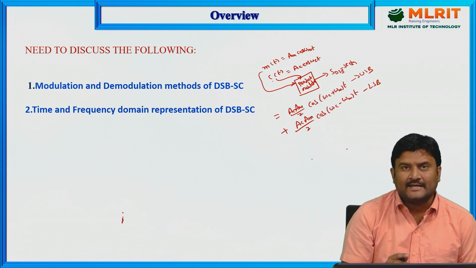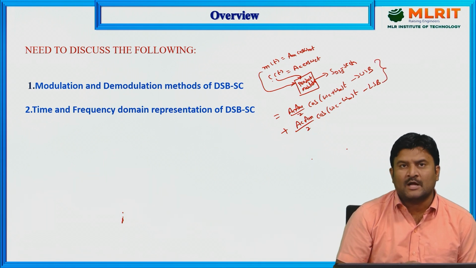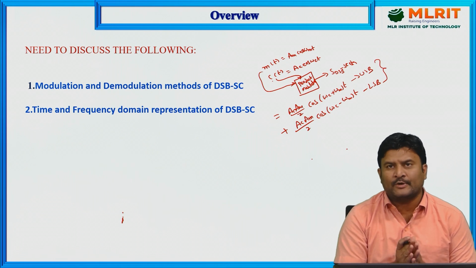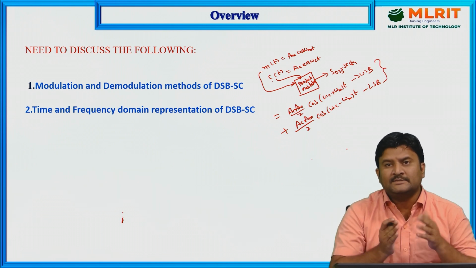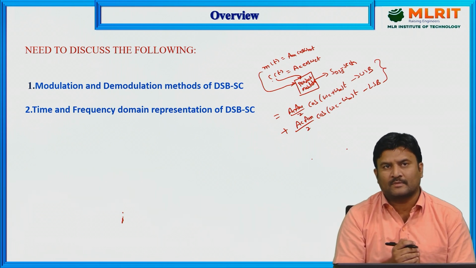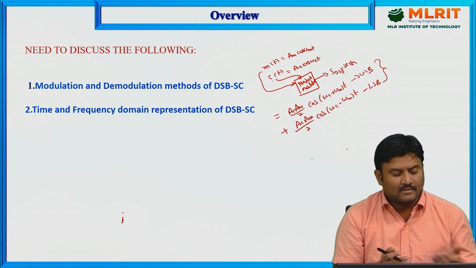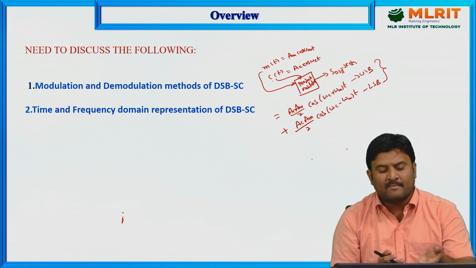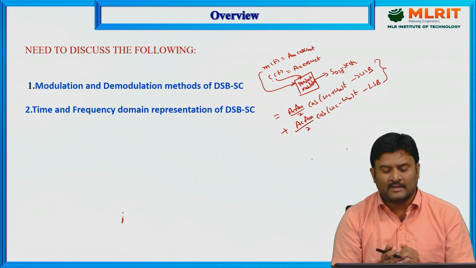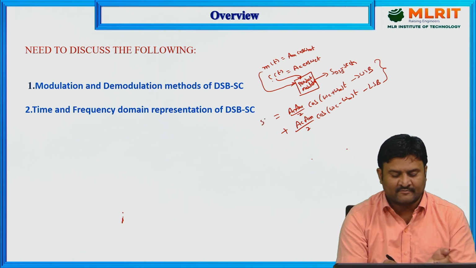The point in this lecture is how this equation or this signal can be produced. That is modulation. Then what is demodulation? Modulation needs inputs m(t) and c(t) and the output should be this s(t).